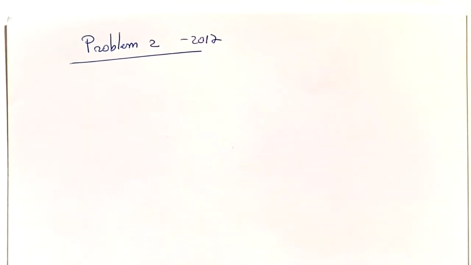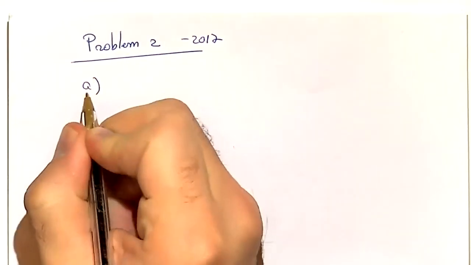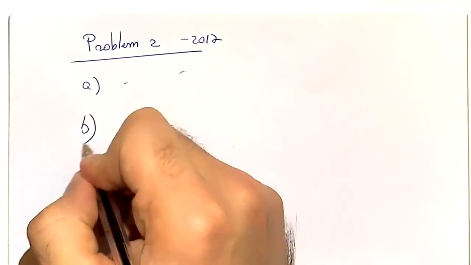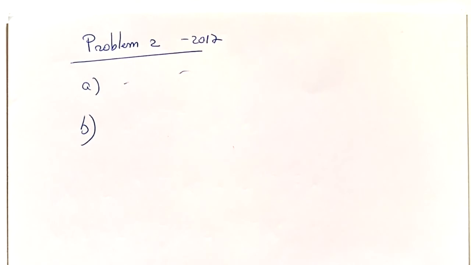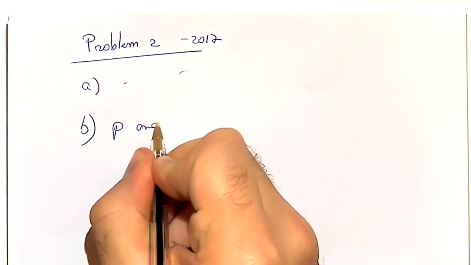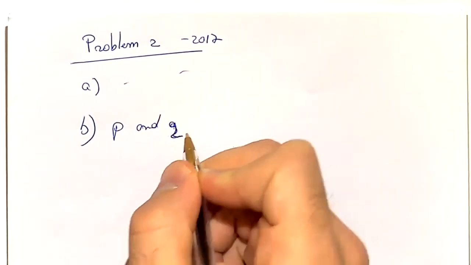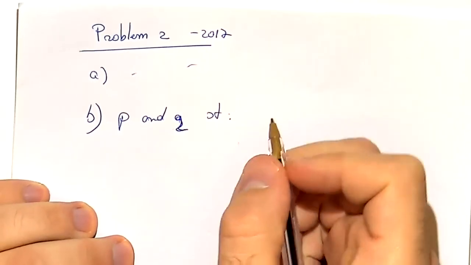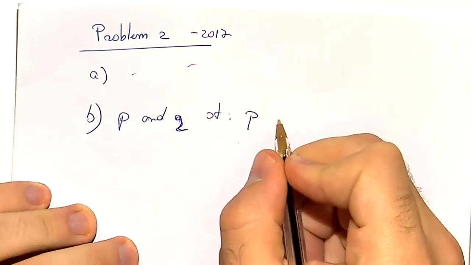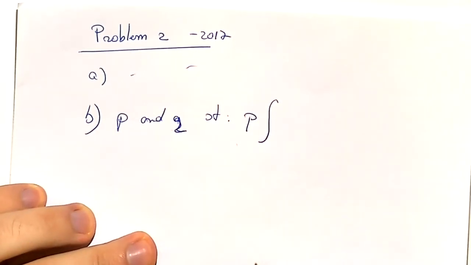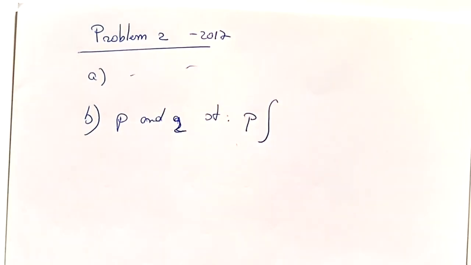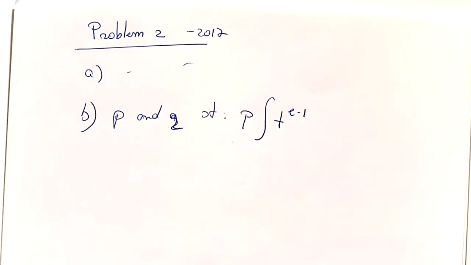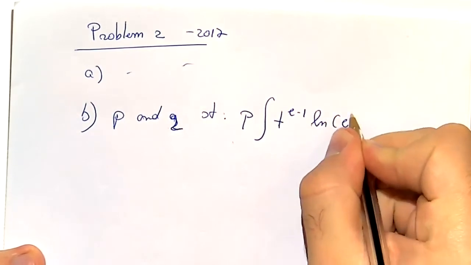And just don't panic. So the first part, A, has nothing to do with differential equations, just some limits, so not planning on doing that. B asks you to find P and Q such that, and I'll write this integral since we are going to use it, the integral of t^(e-1) log(e^(t^e)) dt is equal to, I don't know, t^(e) q plus log of t plus a constant.